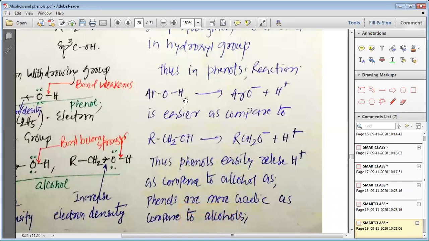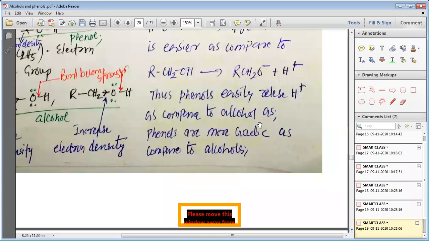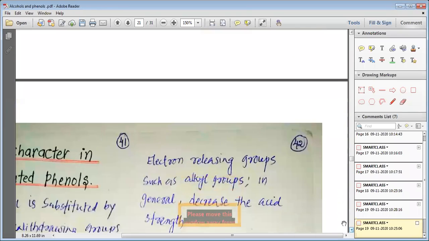That means H plus can be easily given out by phenol as compared to the alcohol. Both alcohols and phenols are acidic in nature, but phenols are more acidic than alcohols. Thus, phenols easily release H plus ions as compared to alcohols, and we can say that phenols are more acidic as compared to alcohols.